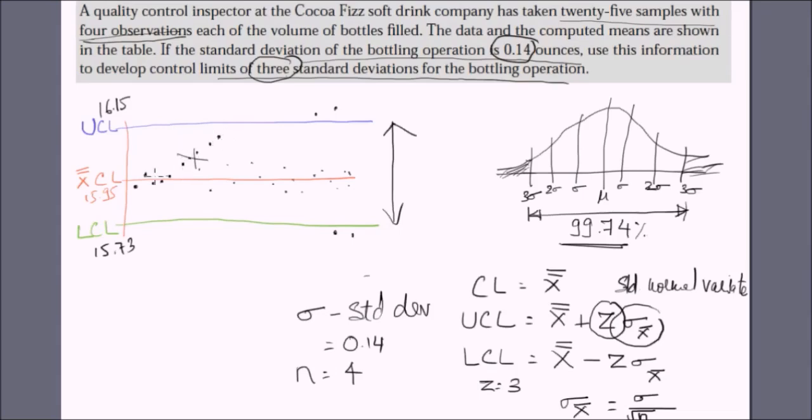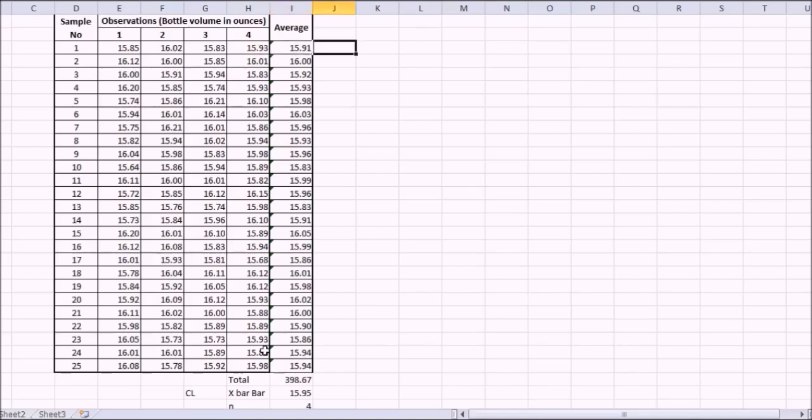So this is the variable control chart of mean. Similarly, we can draw the control charts for range. We can calculate the range of the data here. As we know, range is the difference between the maximum and minimum.